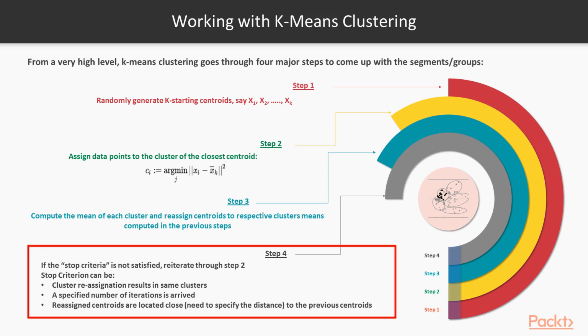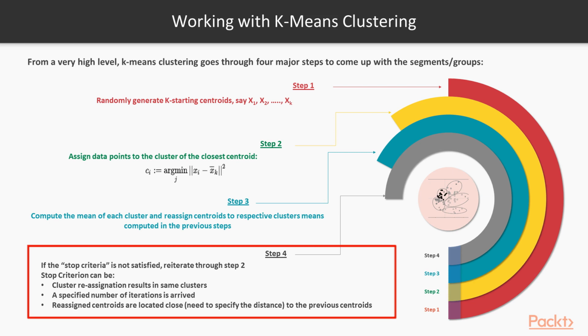In the next step, new assignments are calculated again based on the Euclidean distance between instances and the new centroids. In the event of any changes, new centroids will be calculated iteratively until no changes in assignments are possible or the number of iterations has reached one of those stopping criteria. Like cluster reassignment results in the same clusters, so you're not able to arrive at any different clusters from your previous iterations.